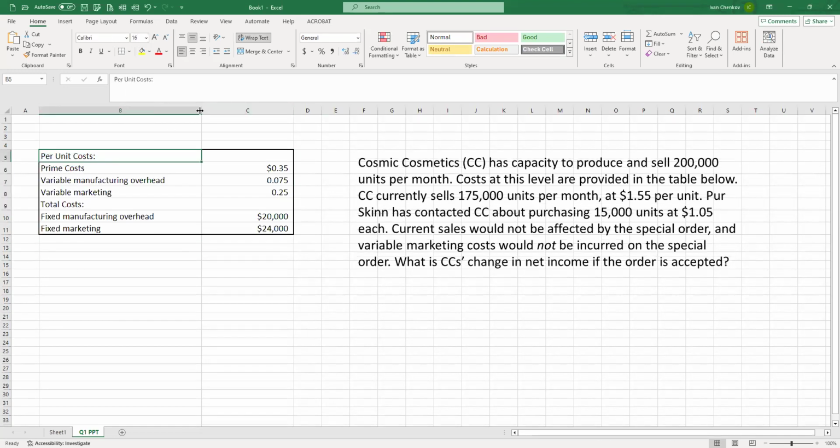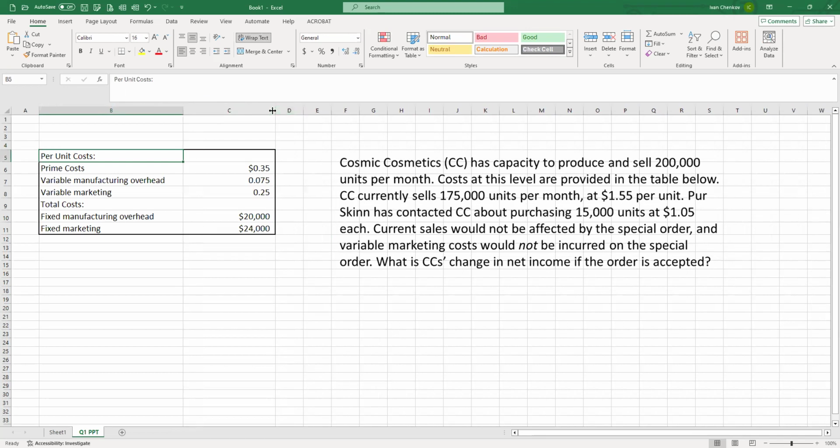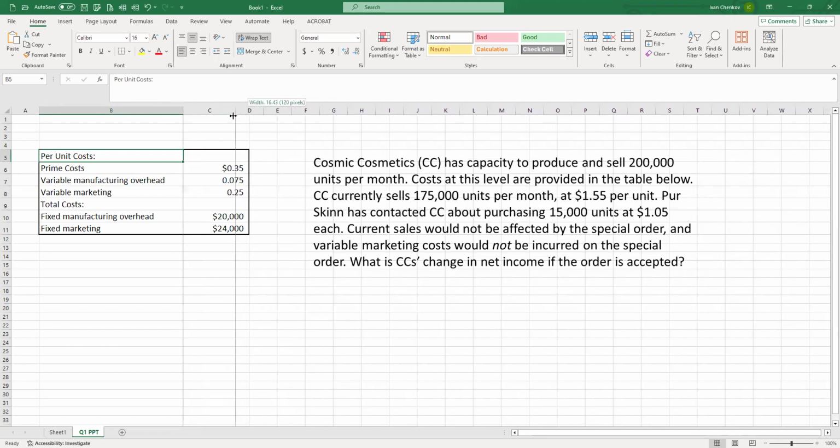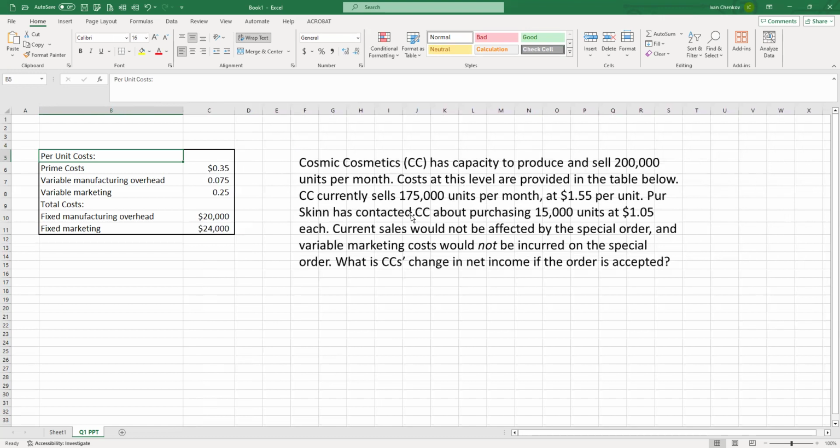You have our information about units, cost per unit. Now this capacity, first, do they have the capacity? They produce and sell 200,000 per month. Cost at this level provided on the table below. So we have the cost. We have the prime cost. Prime cost is what?